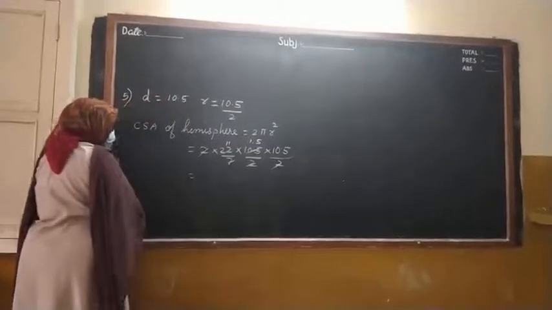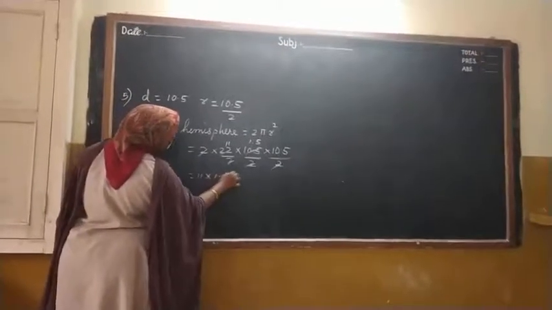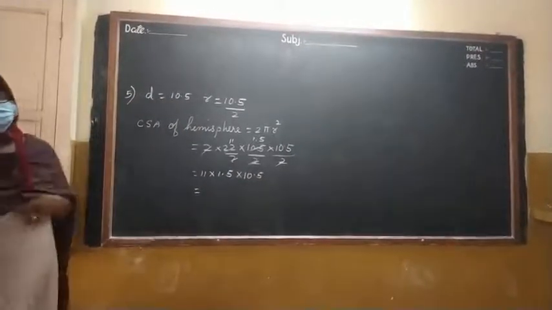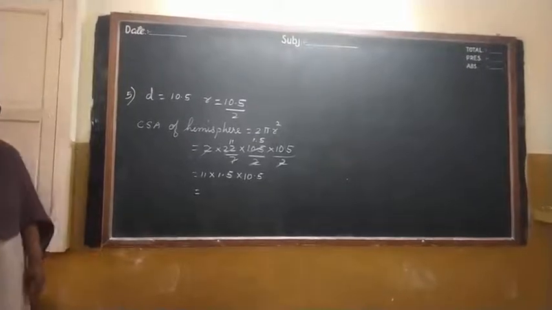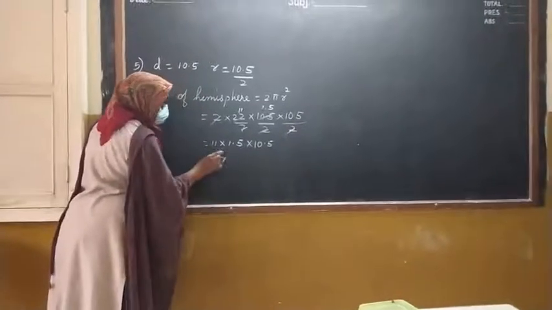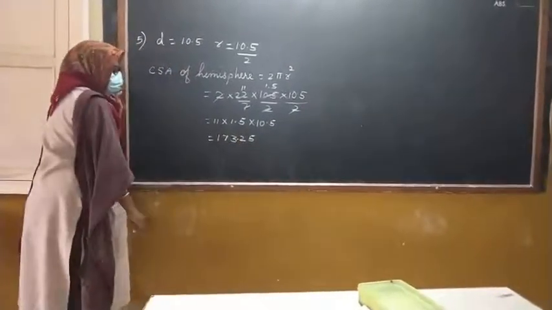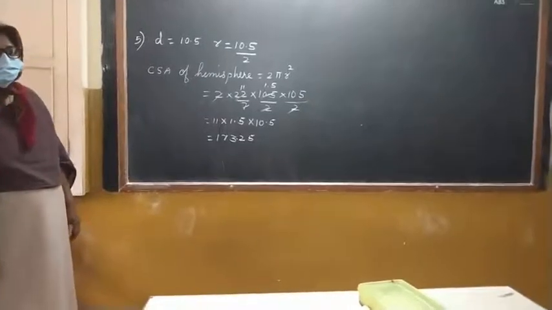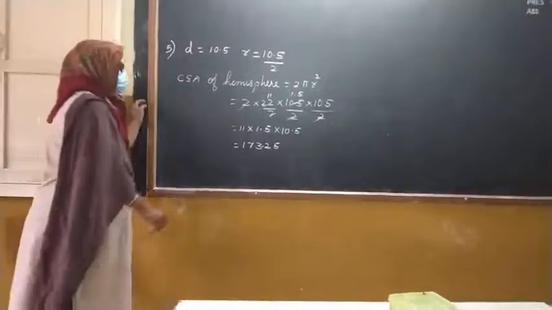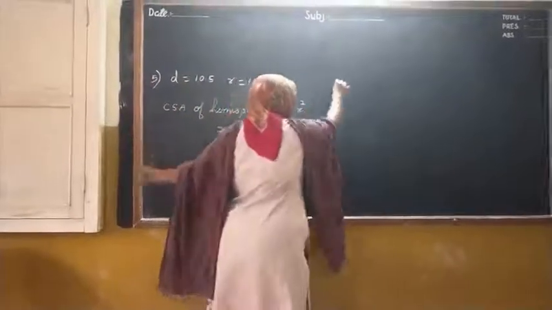So 11 into 1.5 multiplied by 10.5. The answer is 173.25 centimeter square.